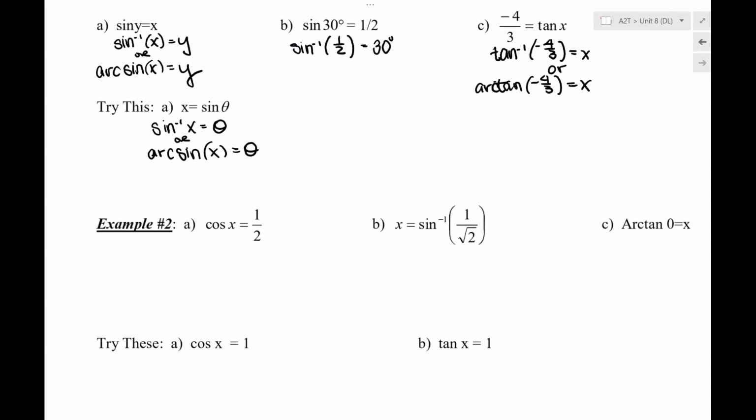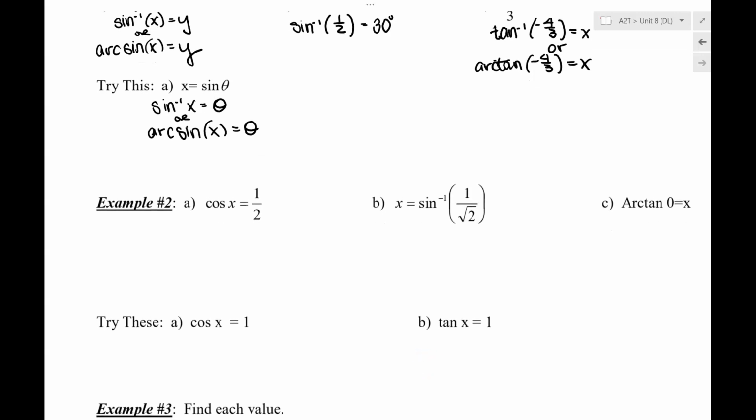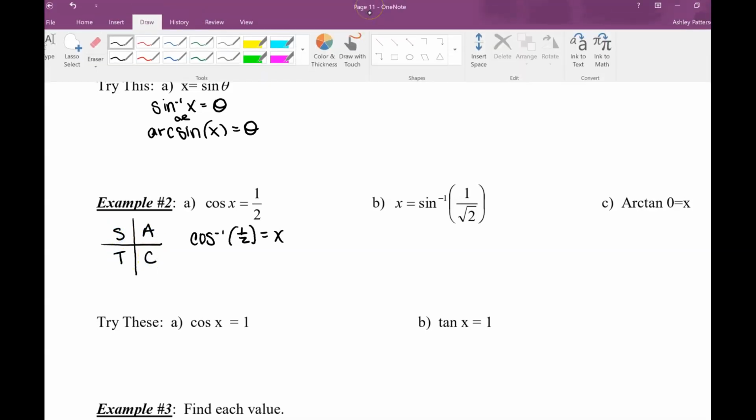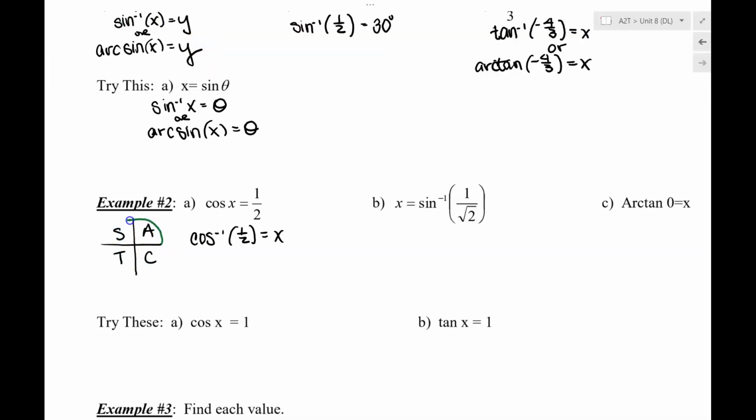Okay, so example number 2, please, please, please remember your restrictions. This is where it matters. So if we take the inverse cosine of 1/2 and we're looking for x, cosine is restricted from 0 to 180, or 0 to pi.